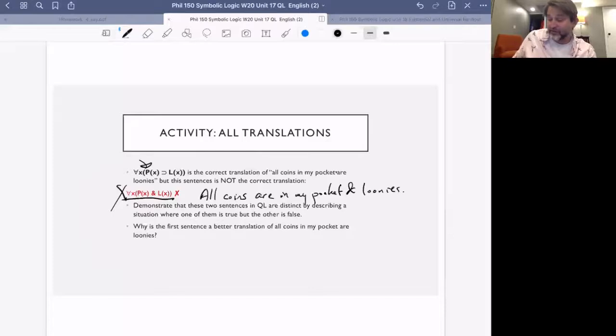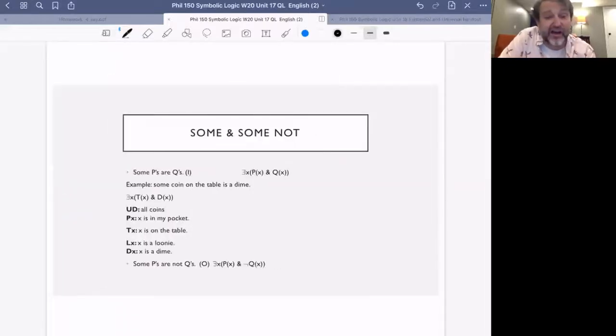Okay, moving right along. Let's look at some 'some' and 'some not' sentences. So remember, if we want to symbolize a sentence of the form some P's are Q's, we do it in the following way: there exists some x such that x is P and x is Q. An example might be, some coin on the table is a dime. Recall, we have a dime predicate here, and we have a table predicate.